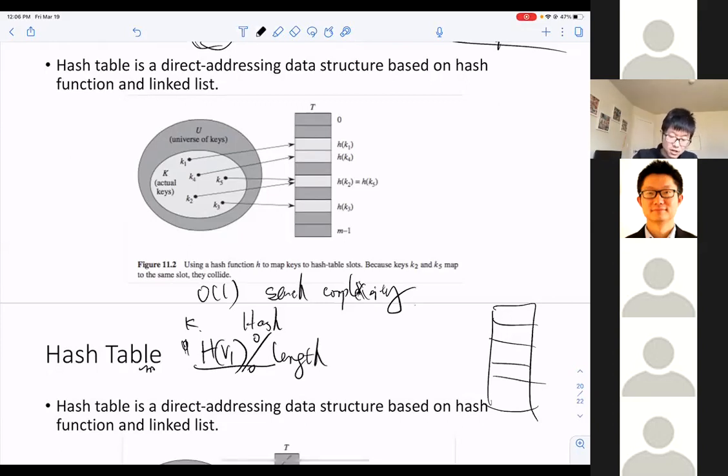The index of this value is going to be the hash value of it modulo the length of the array. Then we put it into that place. Next time, when we want to look for v1, we just take the hash over it, take the modulo of the length, go to that specific place and find it. That is how it is done. As long as the value exists, it must be in this place.